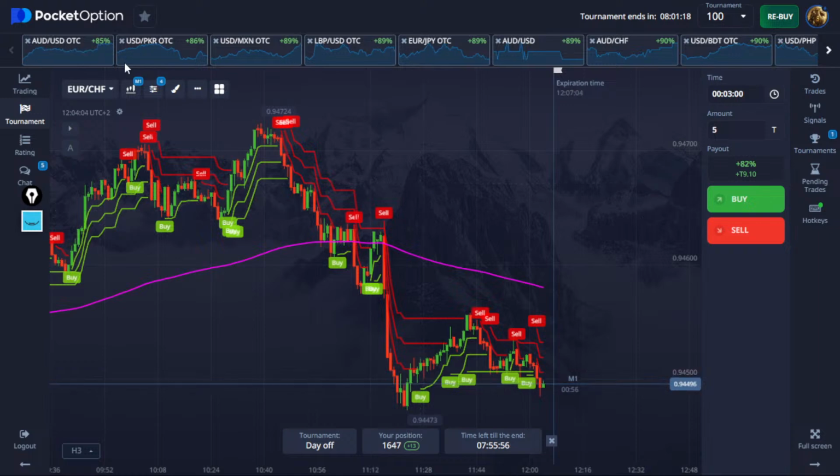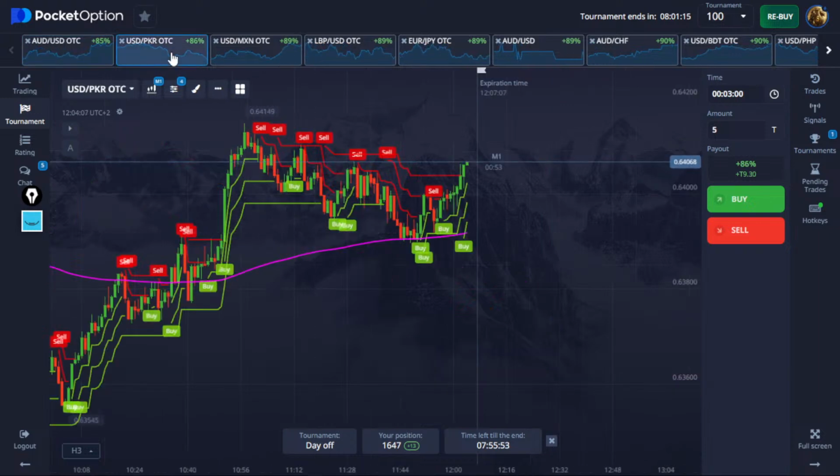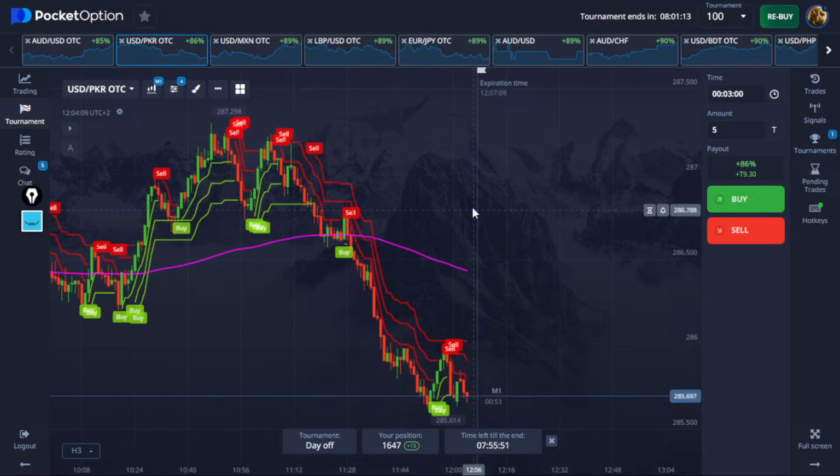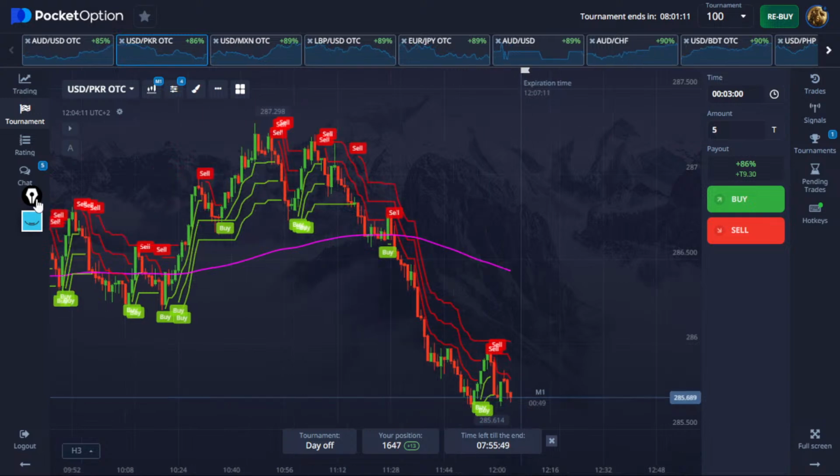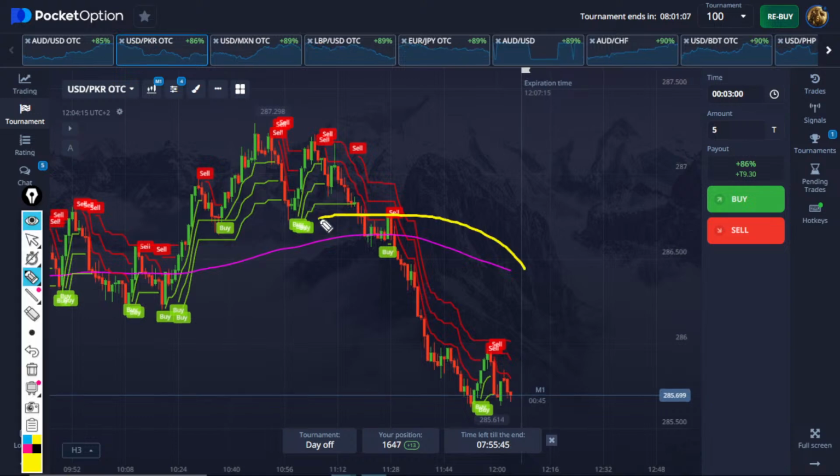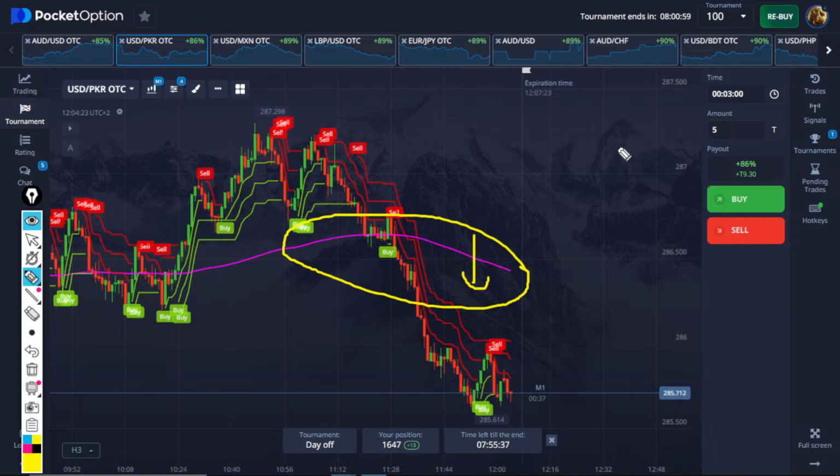Let's see if we have something here clear so I can show you. Okay, so first things first, the 200 moving average will tell you the market bias. So when the price is below the 200 moving average, we only take sell positions.